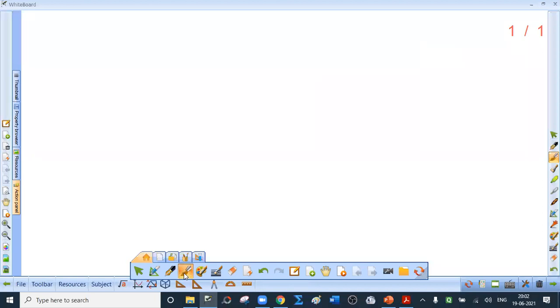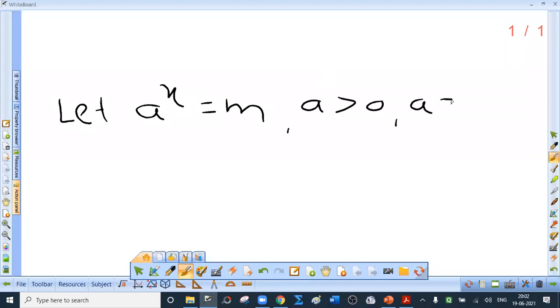Now, before we start finding the log values again, let me repeat this. Let a raised to x equal m, where a is greater than 0 and a not equal to 1, then index x is defined as the logarithm of m to the base a.